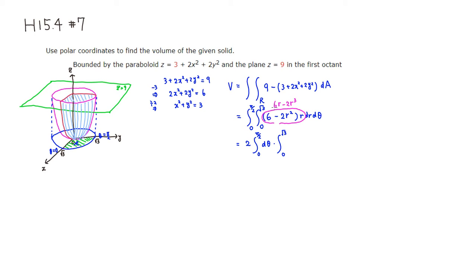Since I already pulled 2 out, it's simply 3r minus r cubed with respect to r.